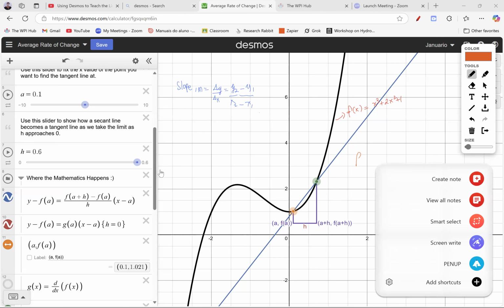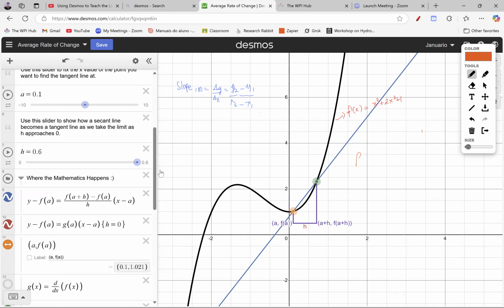How do you find the slope? It is y2 minus y1 over x2 minus x1, between these 2 points, okay?